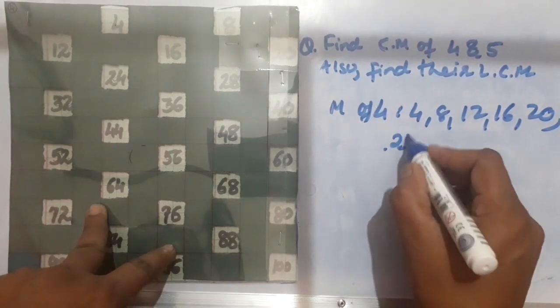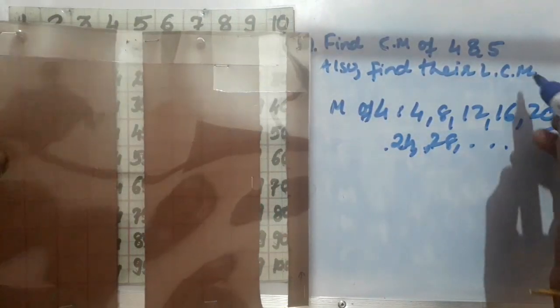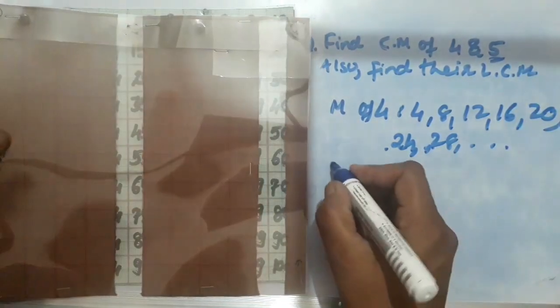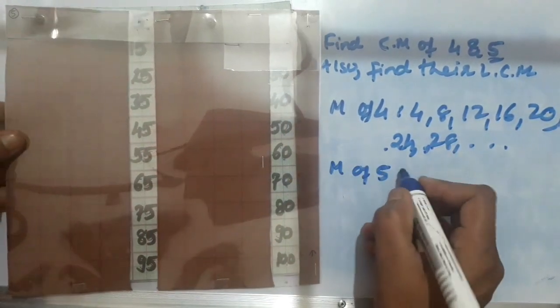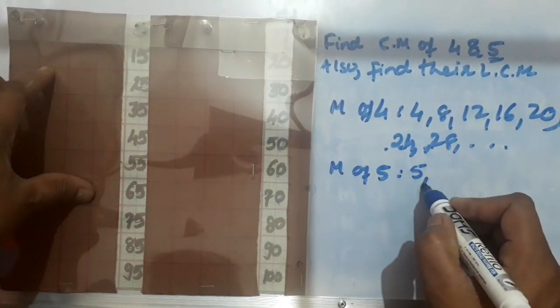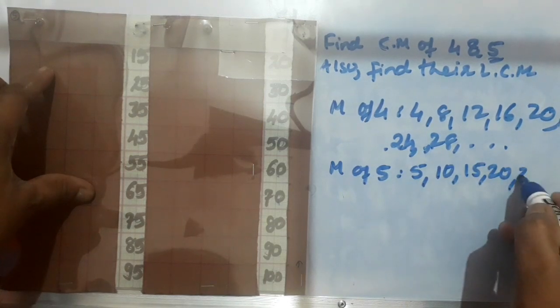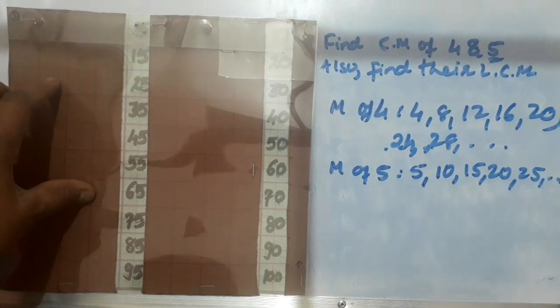They are all multiples of 4. Okay. Now I will find out which are the multiples of 5. So multiples of 5, when you see here, you can find out and write the numbers as 5, 10, 15, 20, 25 and so on.